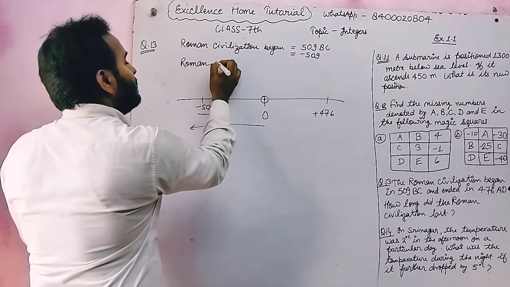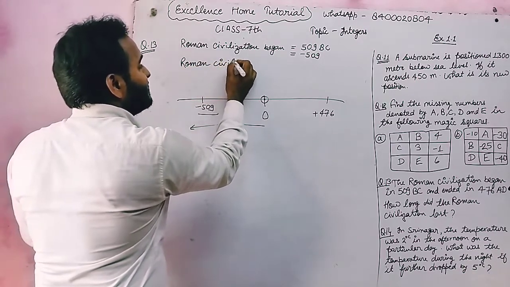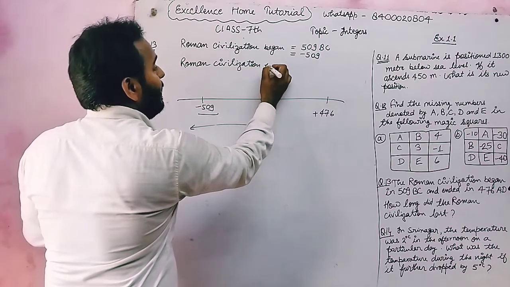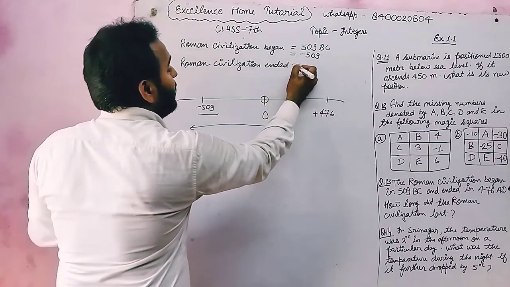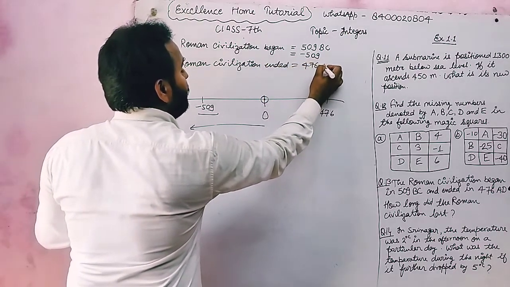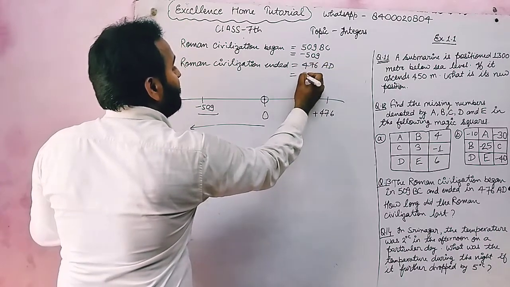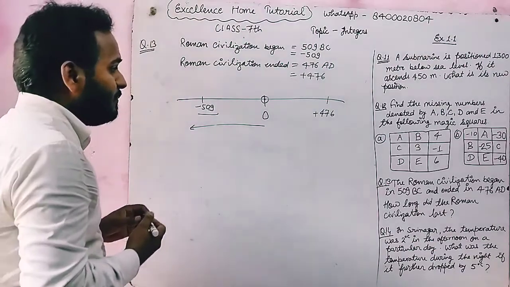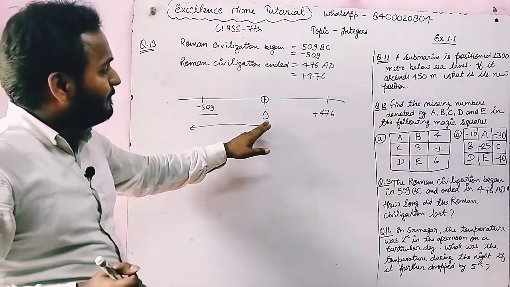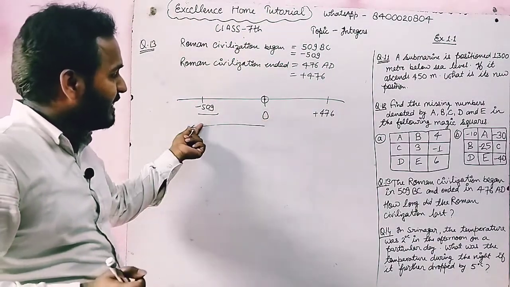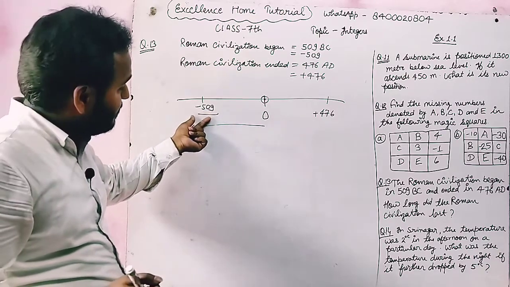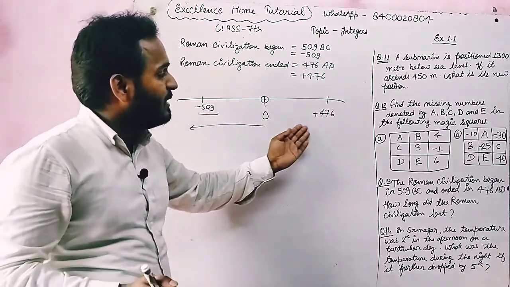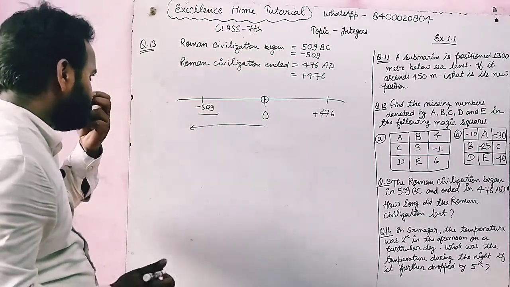The Roman civilization ended equal to 476 AD, which is represented by plus 476. The time which is calculated from 0 to the left side is represented by minus sign, and this is BC, and after that 476.